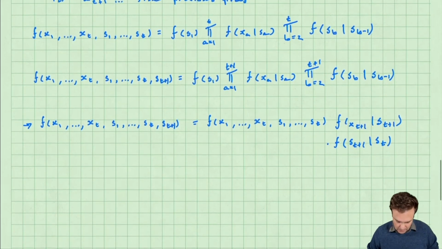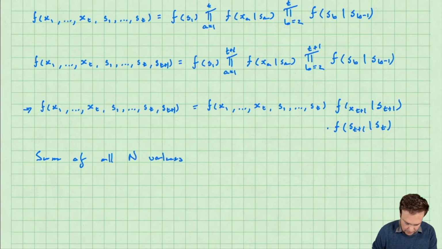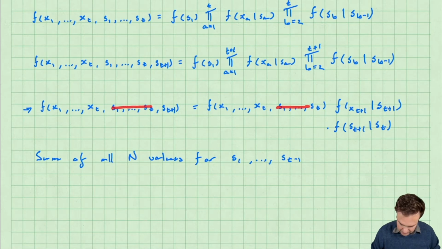Okay. And now we're going to sum over all the different values of s for some of these s's. We've got all these s's that we don't really care about, and so we're going to sum up until right before this, to t minus 1. Let me write this out in words. So sum over all n values for s1 up to s t minus 1. If you do that, all we end up doing is eliminating these guys, up to t minus 1.